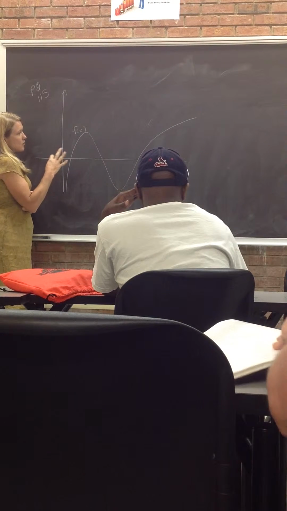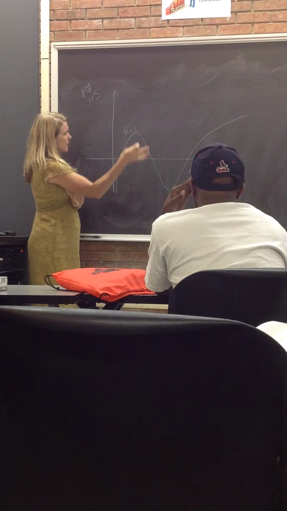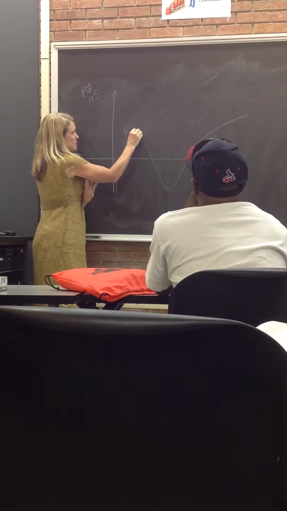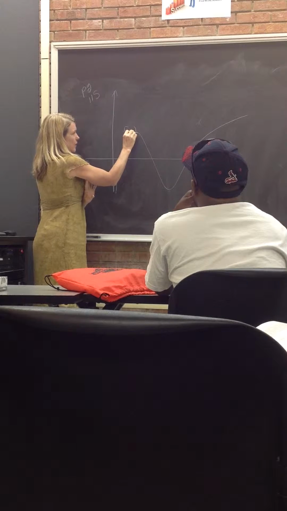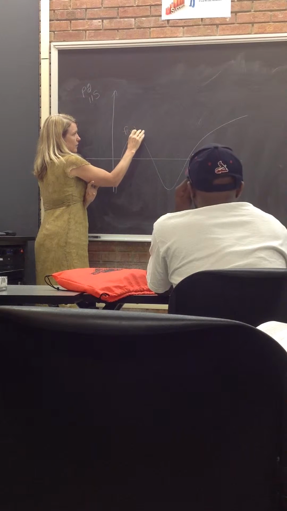We can get a general shape of the derivative and tell the trends of it by picking at key points. So this point, for example, the instantaneous slope at that point would be 0.